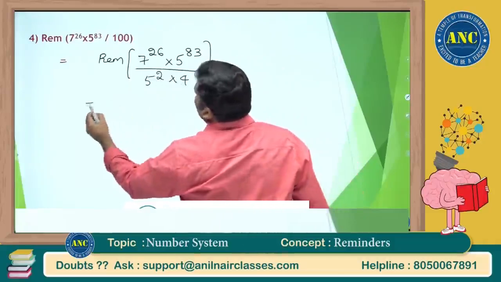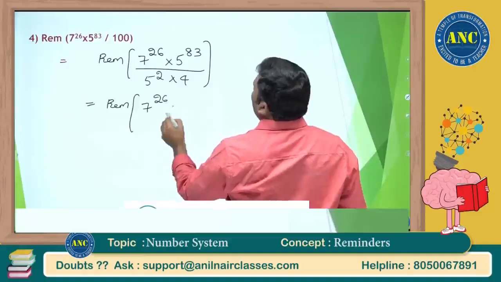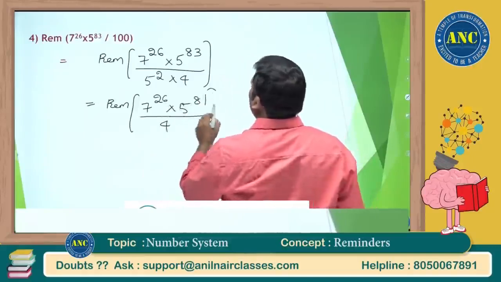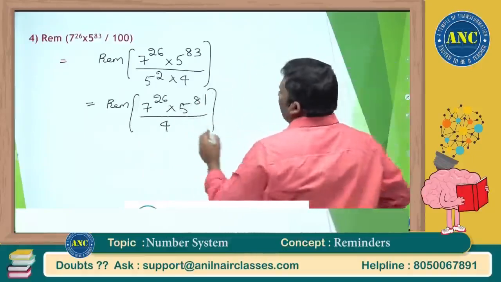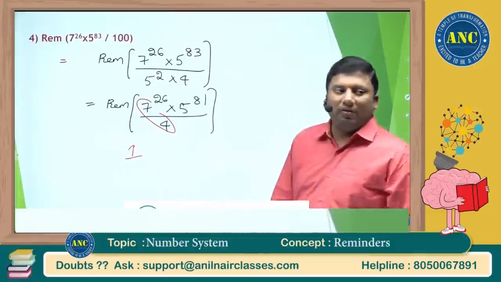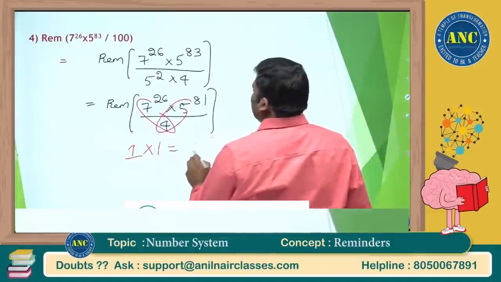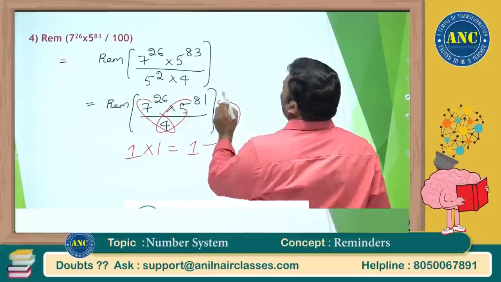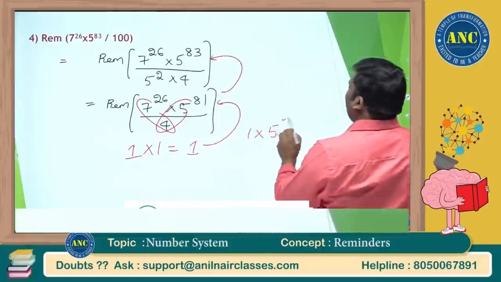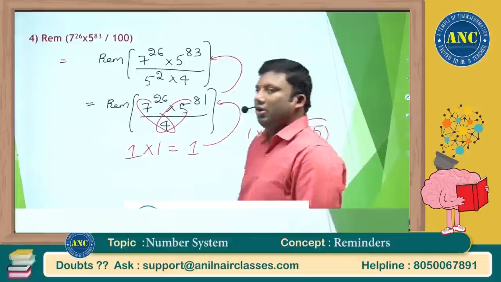So 7 power 26 into 5 power 81 divided by 4. 4 2s are 8, negative remainder minus 1. Minus 1 power even is 1. 4 1s are 4, it is nothing but 1. So the answer is 1 for this, but I want 5 power 83. 5 power 81 I got, so 1 into 5 square is 25.